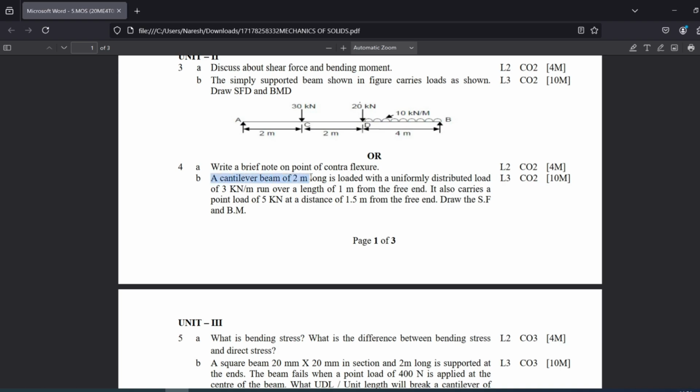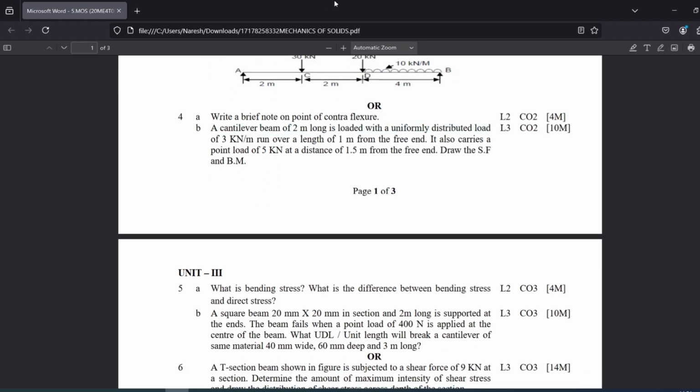A cantilever beam of 2 meter long is loaded with a load of 3 kilo Newton per meter run over the length of 1 meter from the end. It also carries a point load of 5 kilo Newton.